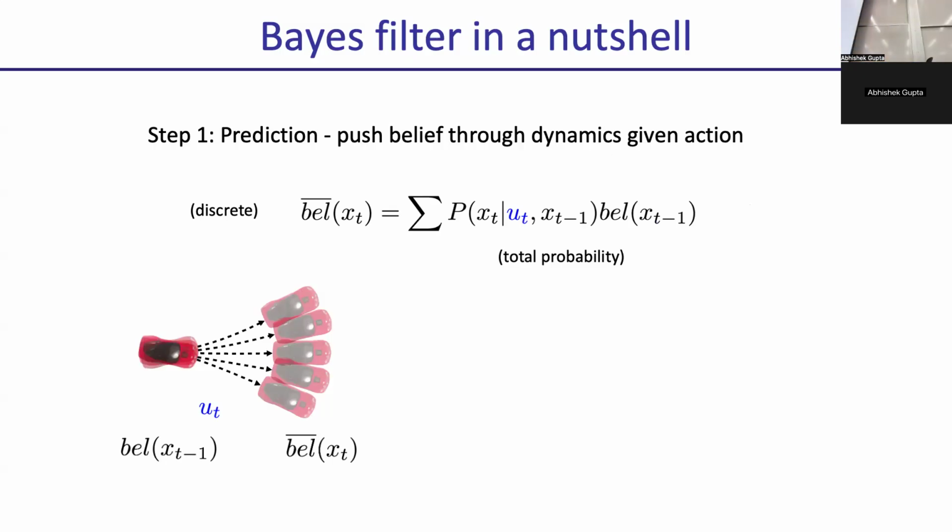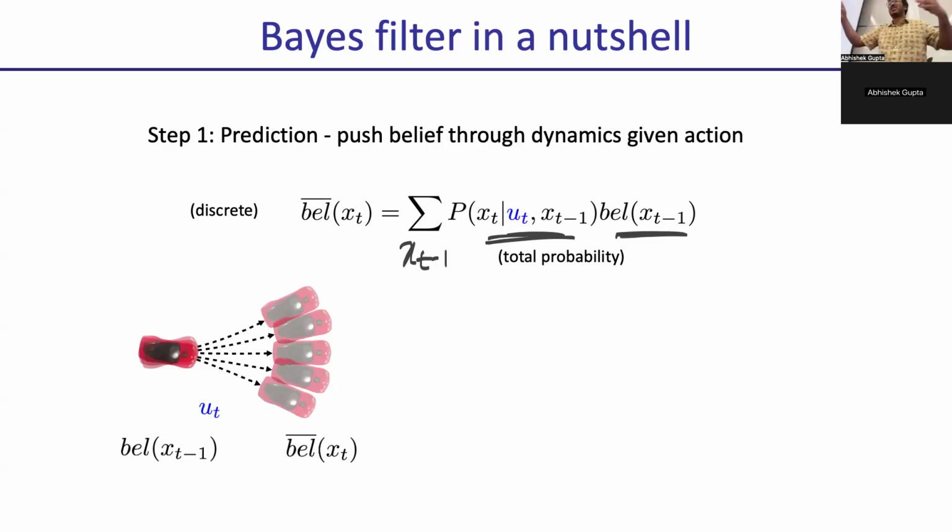Okay, so let's consider something discrete for now. The answer is that belief bar xt is equal to a sum over xt minus 1, so this is not indexed, of p of xt given ut, xt minus 1, times belief at xt minus 1. For every single xt minus 1 in the world, this is your belief that you were there, and this is the likelihood that you transition from xt minus 1 to xt.